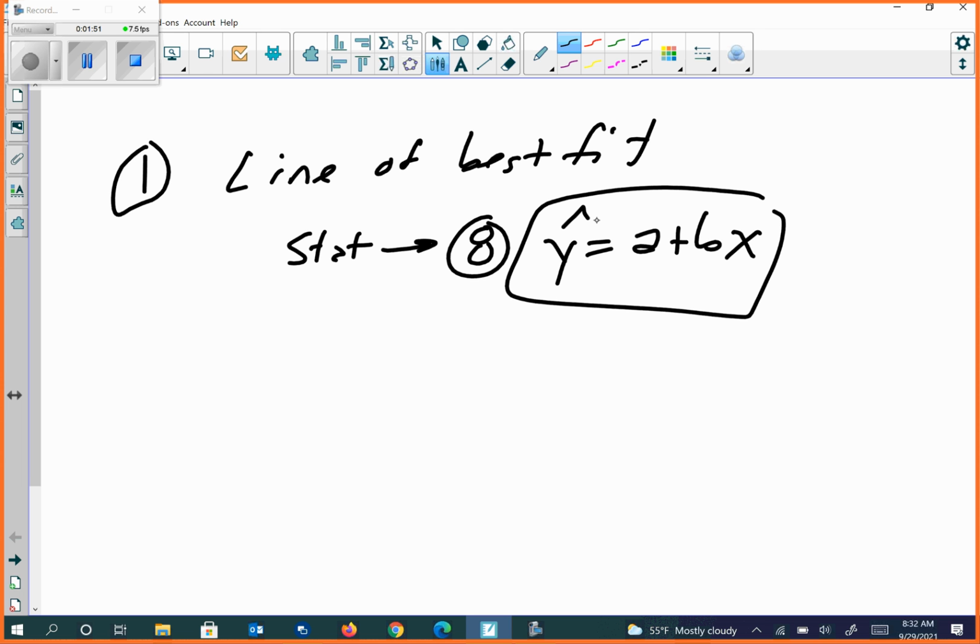Arrow over to regression equation, to EQ, and then it'll be number 1. Then Enter. Graph. Did it work? Yeah. Wow.